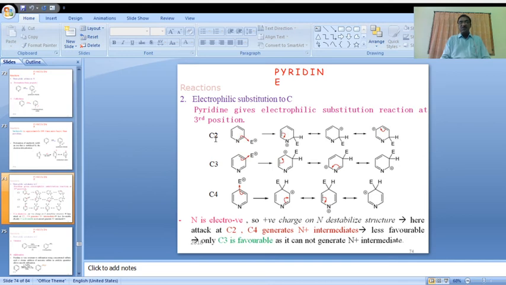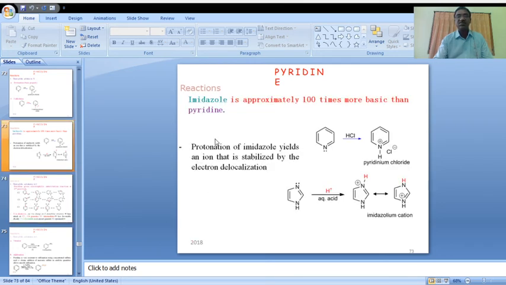What is the reason? There is no nitrogen positive charged intermediate. It gives more resonance stabilized structures. Clear? Attack of electrophile on C3 only. This is the reason. Is it clear, all of you?